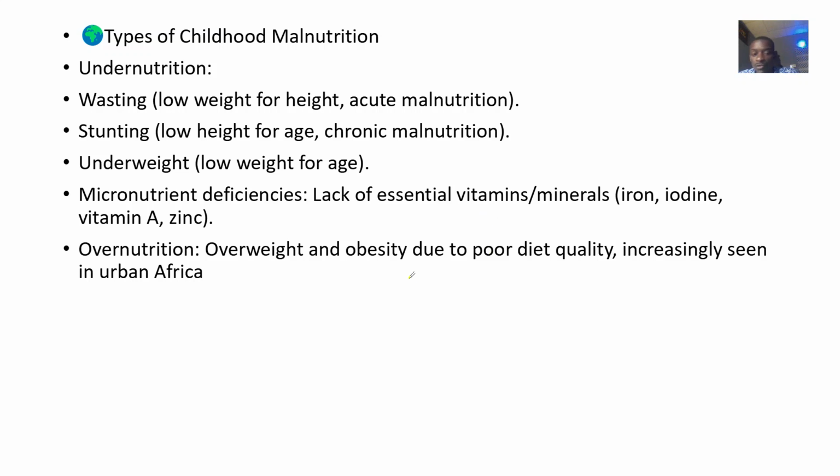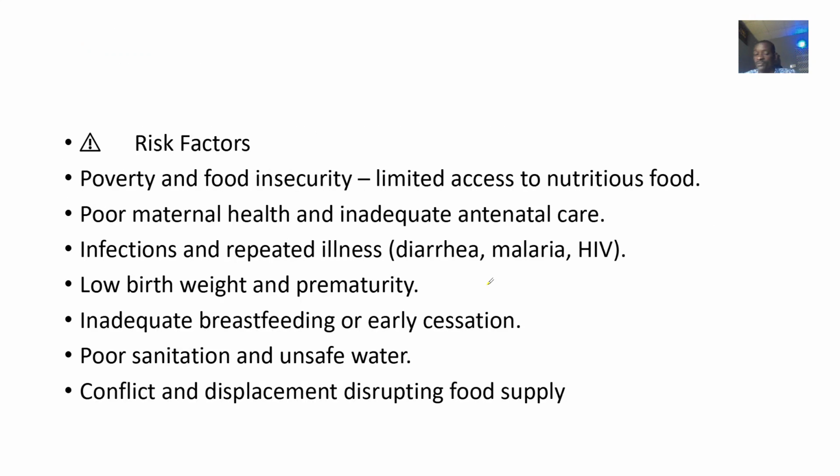Okay, the overnutrition, that's when you say the baby is obese. Okay, so that one is mostly in the urban areas. So you give birth to your baby and you feel like pampering them, you overfeed them and all of that. It could lead to issues.